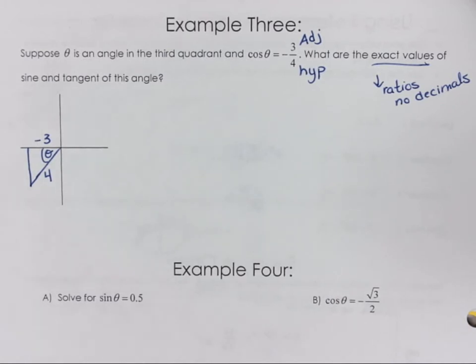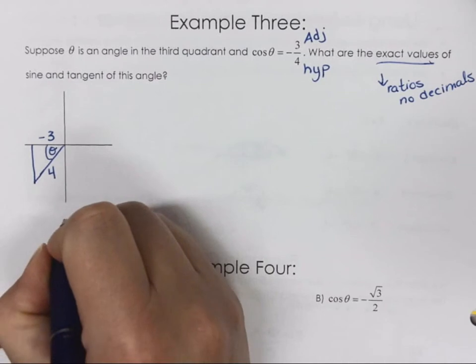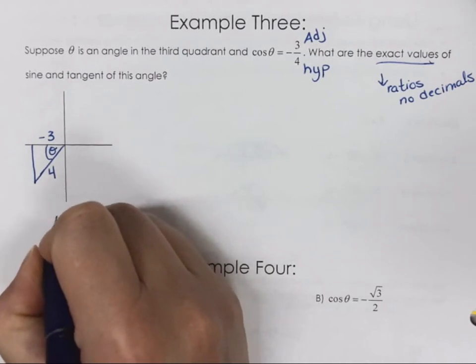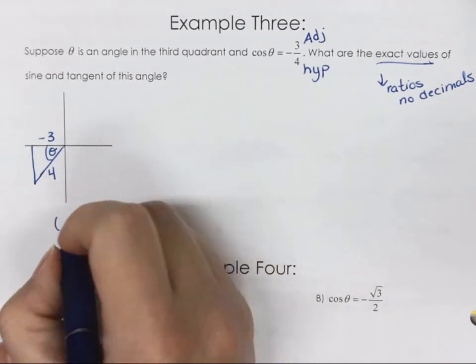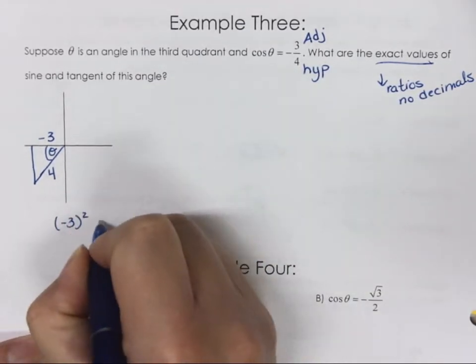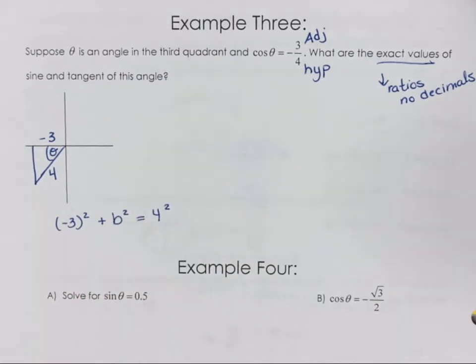So let's use the Pythagorean theorem to solve for our missing side. I got negative 3 squared plus b squared equals 4 squared, because remember that c is always your hypotenuse.